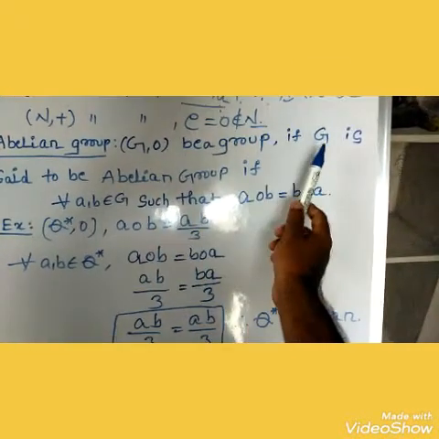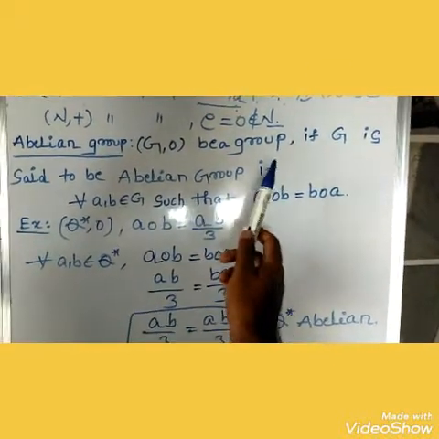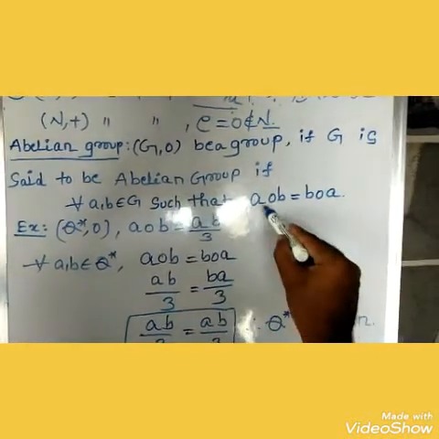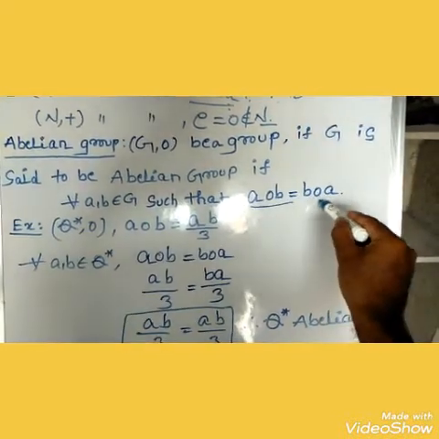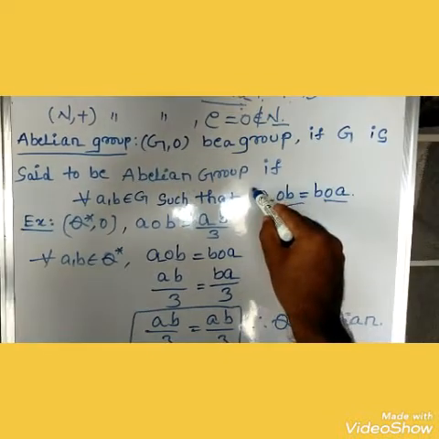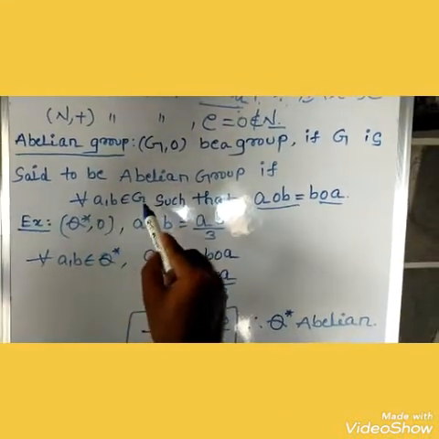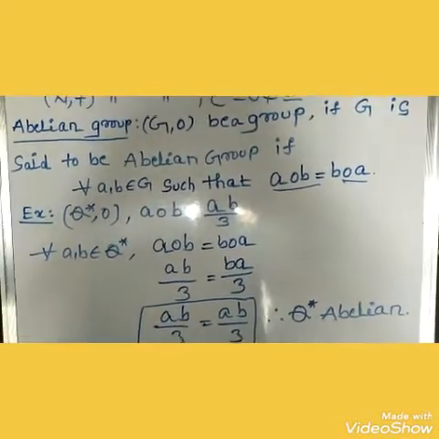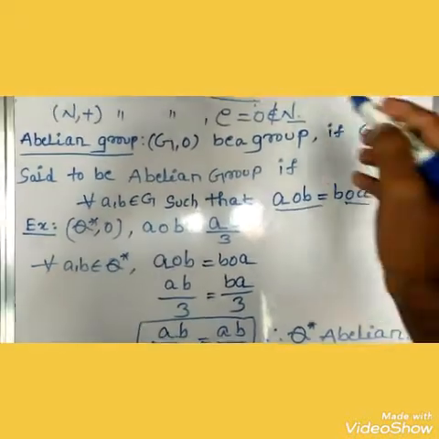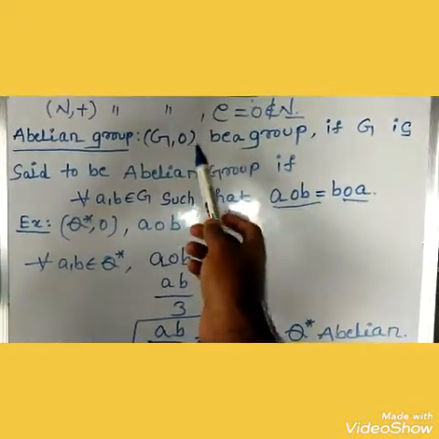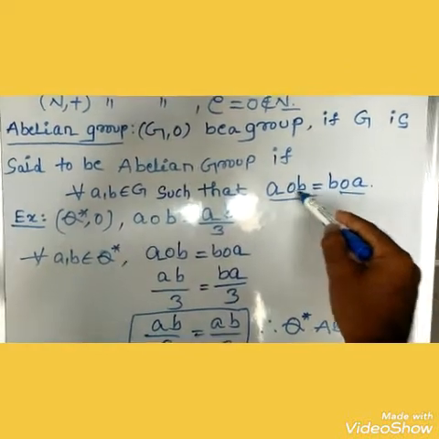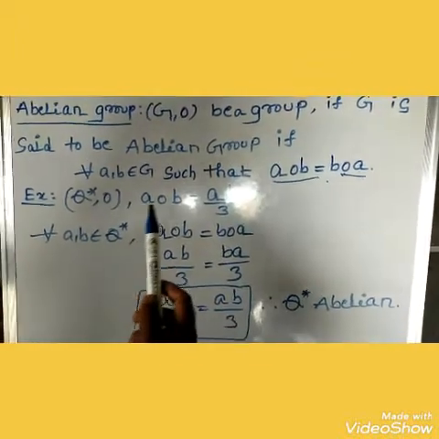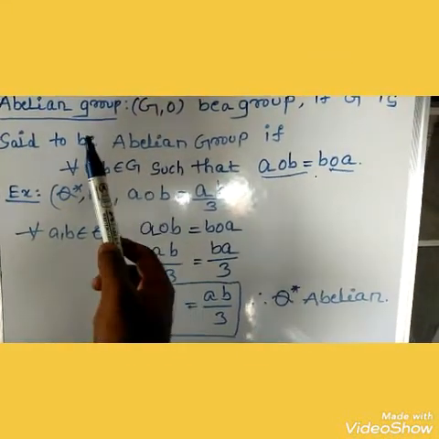G is said to be an abelian group if this group satisfies the condition A circle B is equal to B circle A for all A, B belonging to G. Any group satisfying this condition is called an abelian group.